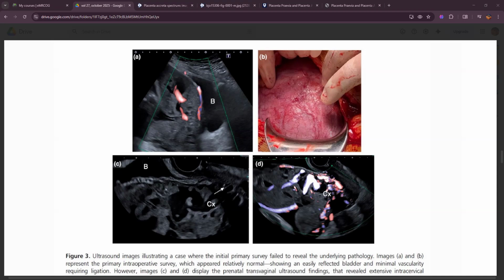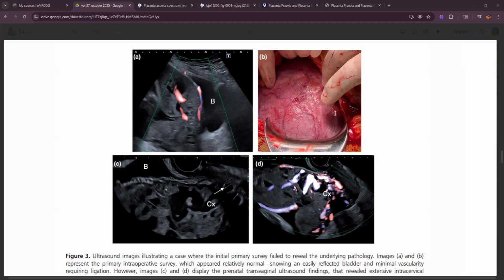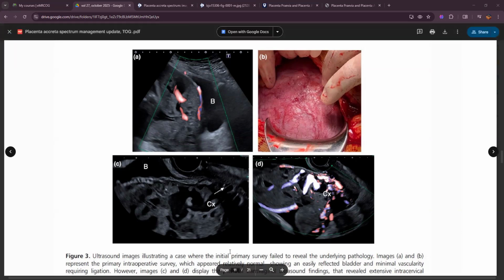For me, I can see the bladder reflection, and I can see one of the vessels here, but those are not abnormal vascularities. They are showing you this because they are telling you that sometimes you can see a normal looking uterus by the initial survey during the surgery, but in fact, this woman could be having a low-lying invading placenta.